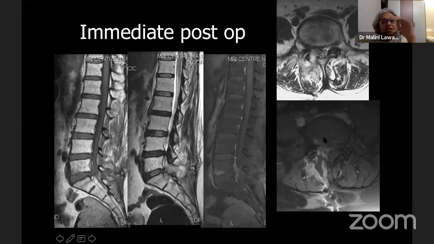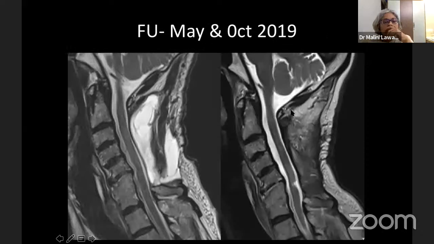All of these are within the realm of expected post-operative changes. Some post-operative fluid collection, some enhancement around the nerve, something which looks like a disc. So if you look at this, this looks like a disc herniation itself. So sometimes the post-op image may look larger and more worrisome than the pre-op imaging. But these are just expected post-operative changes.